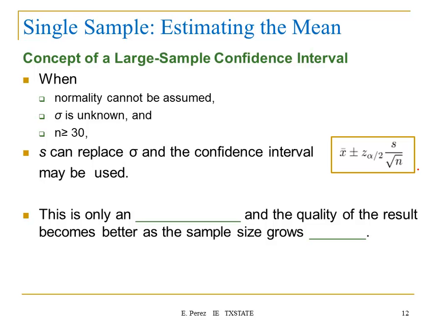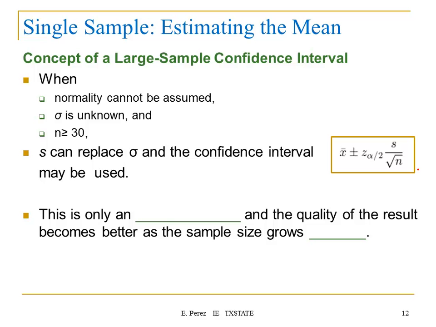Yes? So is that assuming, because of point 1, that normality can't be assumed? It is basically assuming that the central limit theorem applies because you have a large sample size. This is the basic assumption, the belief that the larger n, the more likely normal.